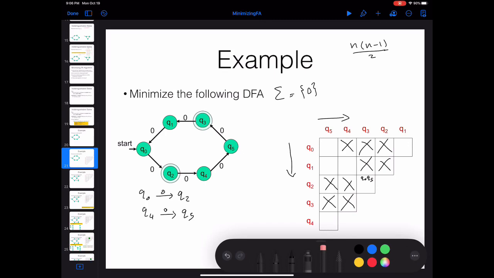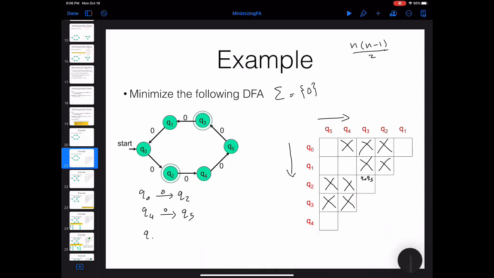The next pair that I'm going to check is the last cell of the first row, Q0 and Q1. From Q0 over the transition of 0, I'm going to Q2. And from Q1 over the transition of 0, I am going to Q0.